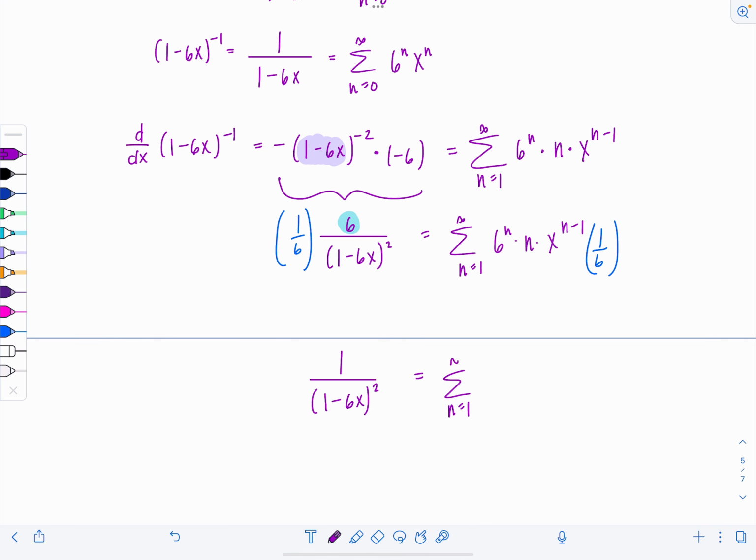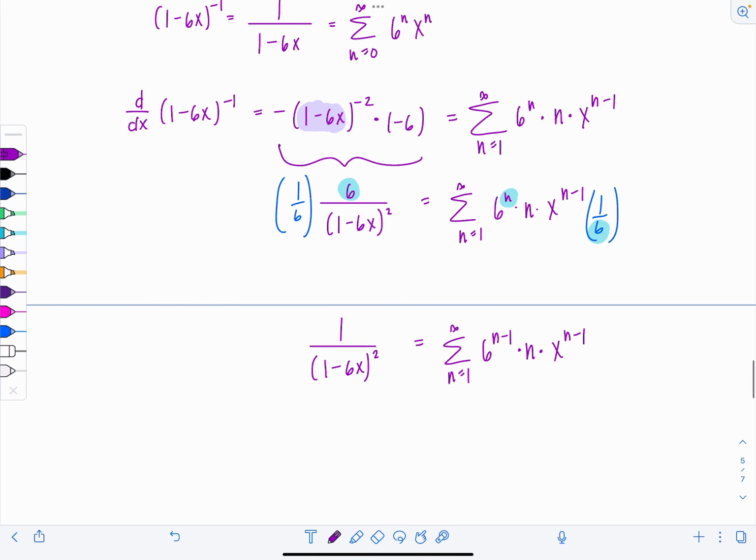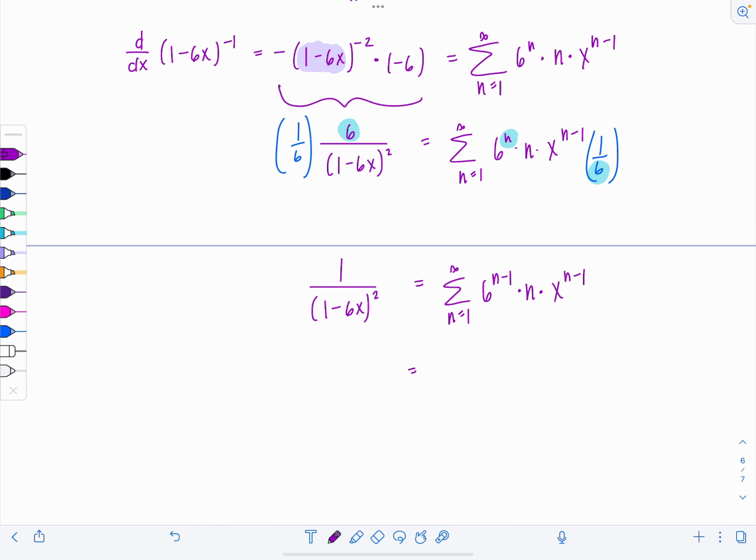N equals 1 to infinity. Watch this. I have 6 to the n divided by 6 to the first. So that's going to be 6 to the n minus 1 times n times x to the n minus 1. And no, we don't want to leave it like that. I want x to be raised to the n. So if I want to add 1 there, I got to start 1 lower.